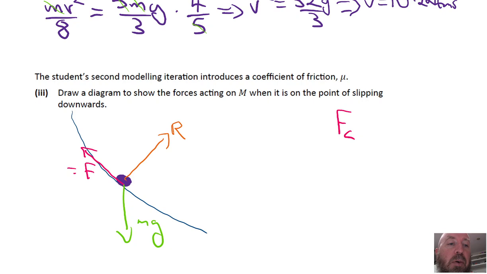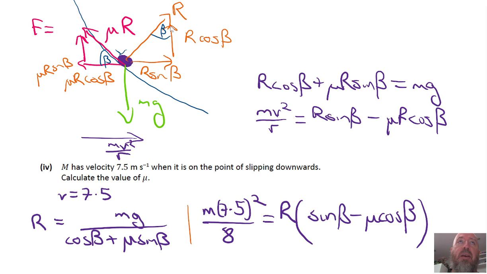Actually, I'll just do it all in one god awful thing. So m by 7.5 squared over 8 equals mg over cos beta plus mu sine beta by sine beta minus mu cos beta. Lovely, the m's cancel out, so that's good.